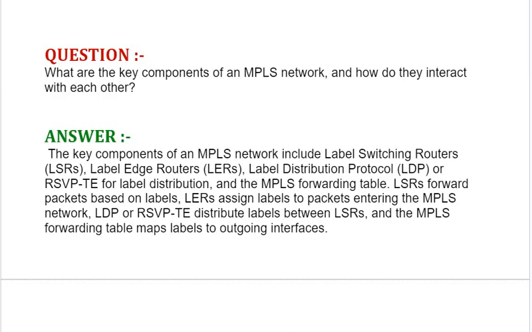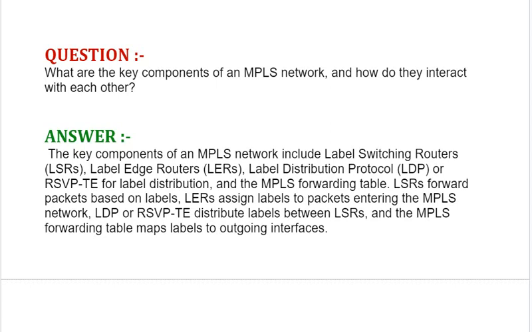Our next interview question is: what are the key components of an MPLS network and how do they interact with each other? Your answer should be: the key components of an MPLS network include label switching routers (LSRs), label edge routers (LERs), Label Distribution Protocol (LDP) or RSVP-TE for label distribution, and the MPLS forwarding table.